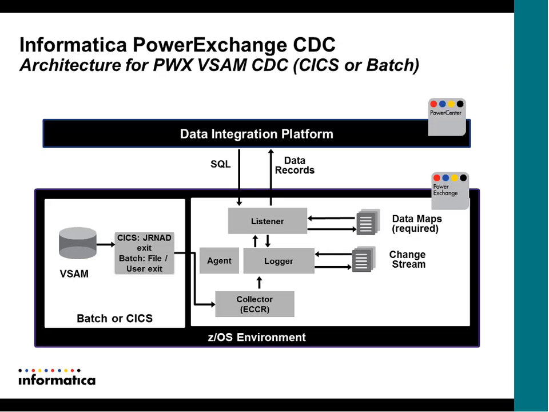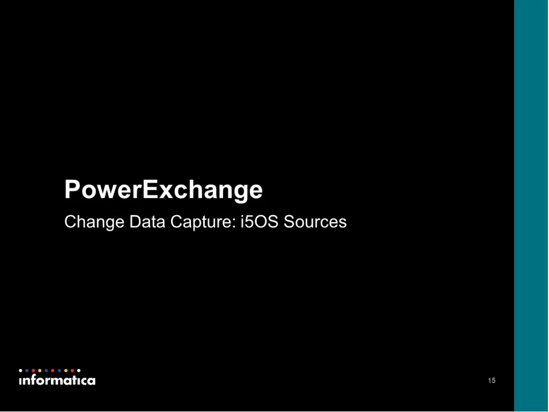And so you now have this change stream on the logger that's now available to the listener and available to PowerCenter sessions. The other sources on the mainframe, like Datacom, are similar, but they are used infrequently. And if you have additional questions, we can talk about those offline.